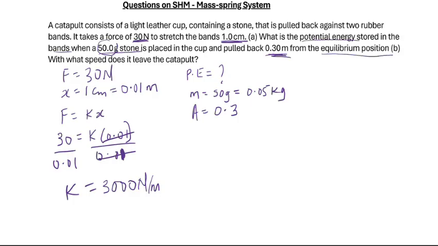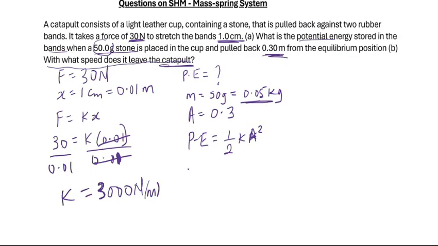Now, we know that our potential energy is equal to half kx squared. But mind you, it has been pulled back to the end point. Just before we release it, our potential energy is equal to our total energy, which is half kA squared.